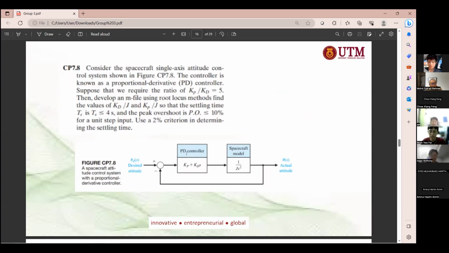The second question is basically that we have a PD controller and a spacecraft model. This question wants us to find the root locus and the value of KD over KJ, KP over KJ, and we should make sure that the settling time is less than 4 seconds and the peak overshoot is less than 10.